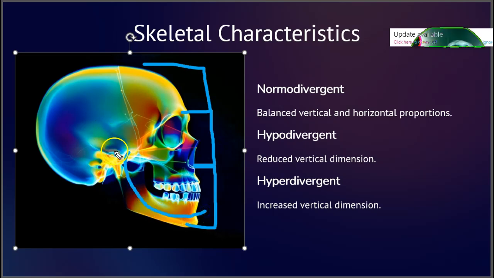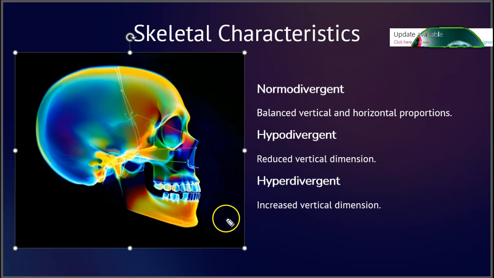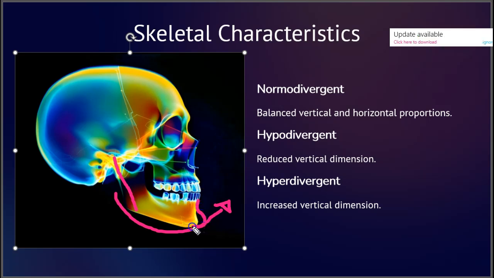You have the growth of the back of the mandible, the ramus, and the more the ramus grows, the more anterior rotation you're going to have on the mandible. Let me delete this and draw this again. The more growth you have of the ramus of the mandible, it thrusts the jaw in this direction. And those are also the patients that have a strong chin button.